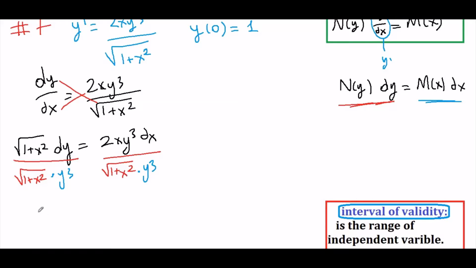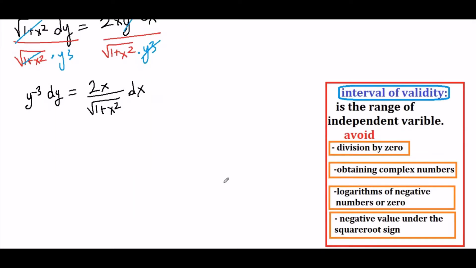So here we obtain 1 over y cubed, which is y to the negative third dy, equals 2x over square root of 1 plus x squared dx. This cancels, this cancels that. Now the equation is totally separated.